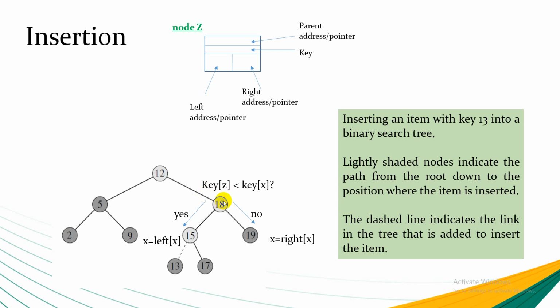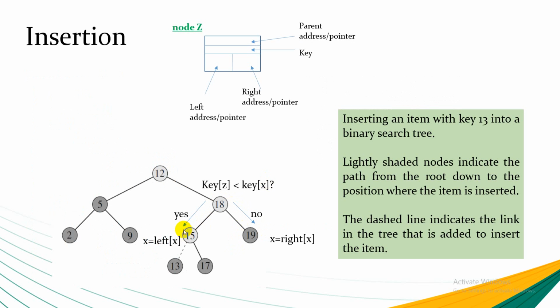Let's assume that we are at this element 18, and we have the Z, and we don't know where to put the Z. So what we should do is compare the key of Z, which is, for example, 13, to the key of X, which is 18. If the key of Z is less than the key of X, we just go left. Otherwise, we go right. Okay.